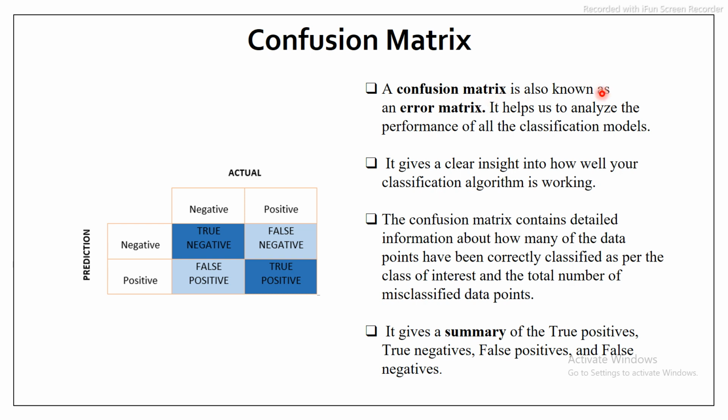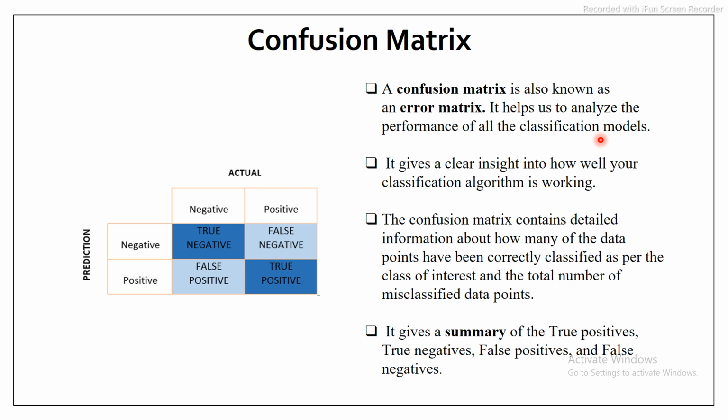The confusion matrix is also known as the error matrix. It helps us analyze the performance of classification models. Whenever you are using any classification algorithm, for example a decision tree classifier or a random forest classifier, ultimately you have to run and print this confusion matrix.